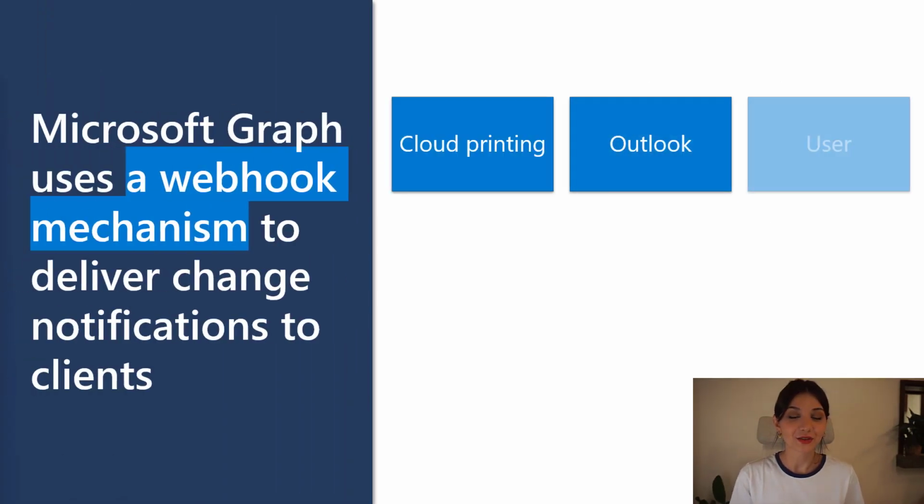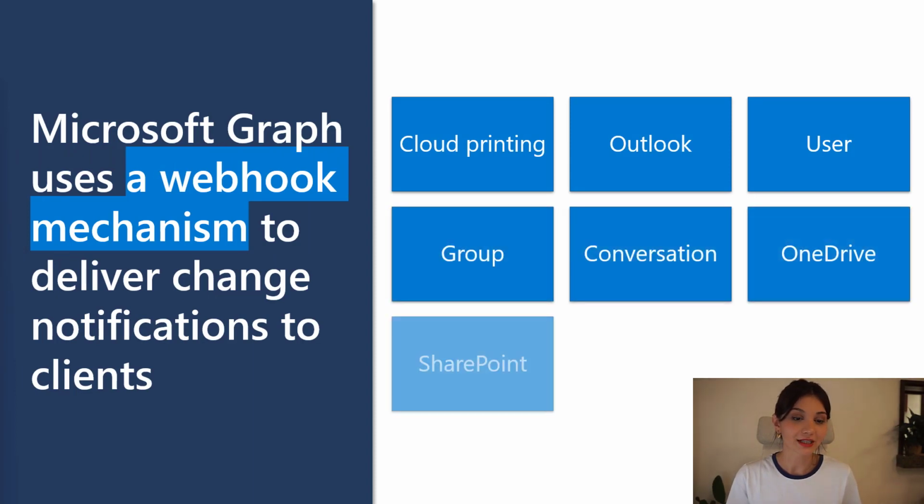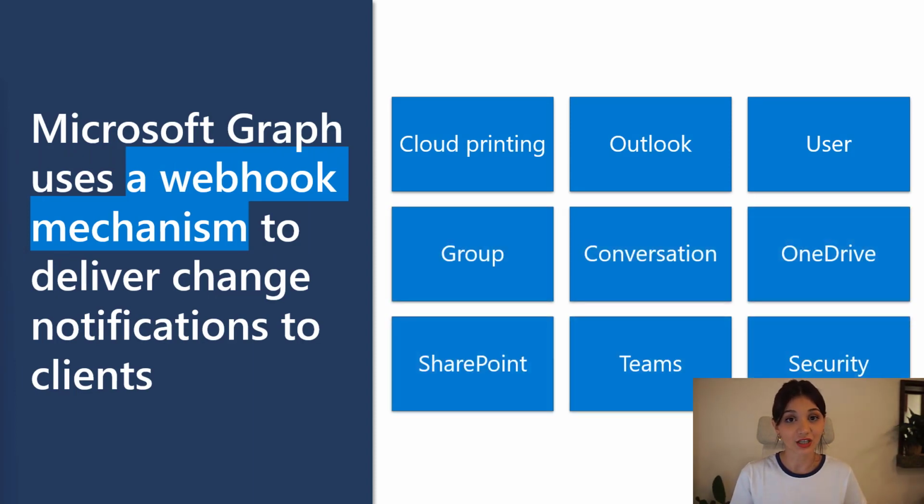The best way to do it is leveraging Microsoft Graph change notifications. Change notifications is a mechanism that allows you to get notified when an object changes in a resource that you subscribe to. This resource can be anything like Outlook, user, group, it can be OneDrive, Teams, any resource you choose from Microsoft 365.